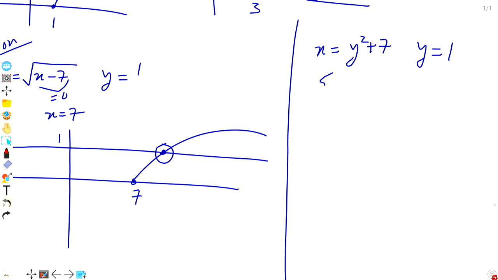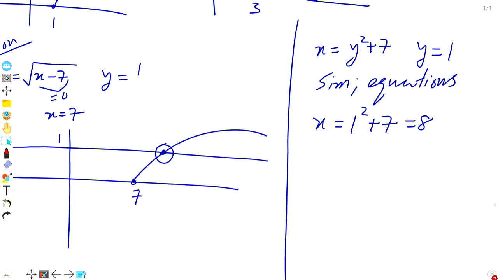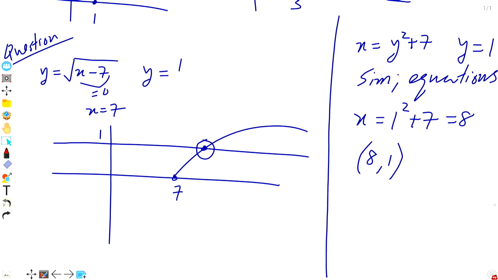So these are simultaneous equations. So you can put y = 1 here. Then it would be 1 squared plus 7. It's going to be 8. So your coordinate would be x = 8 and y = 1. So you can have that answer, 8 and 1, but this is a graphical interpretation.